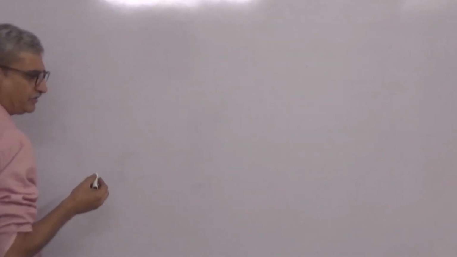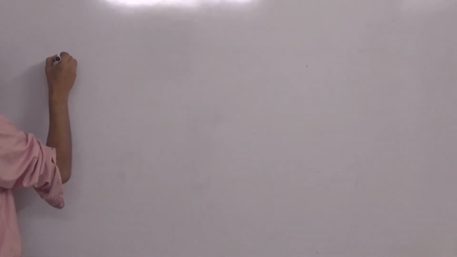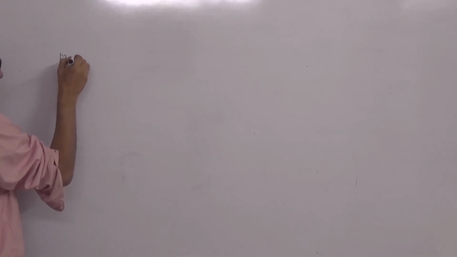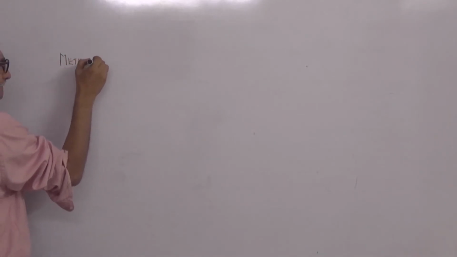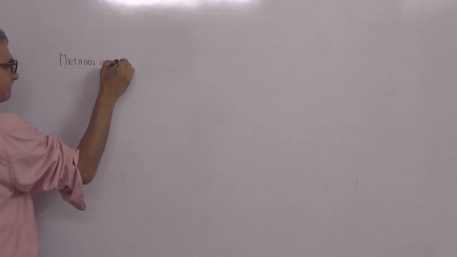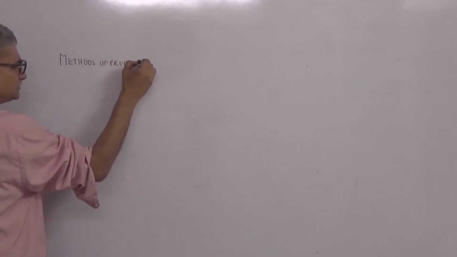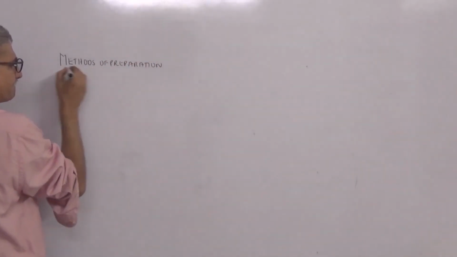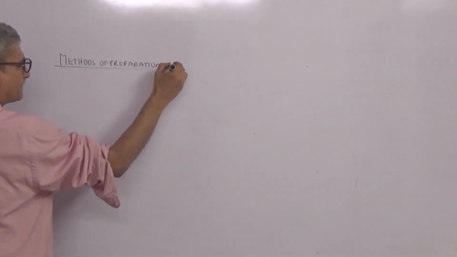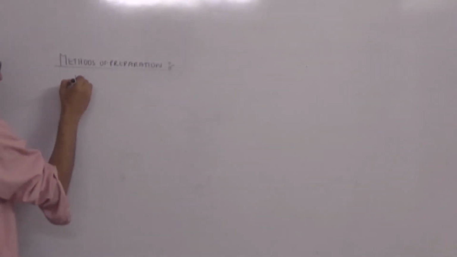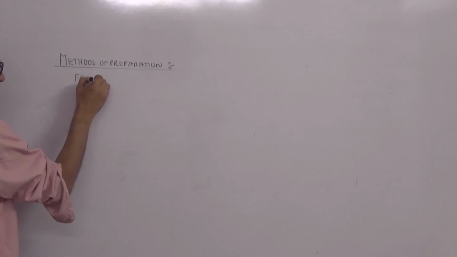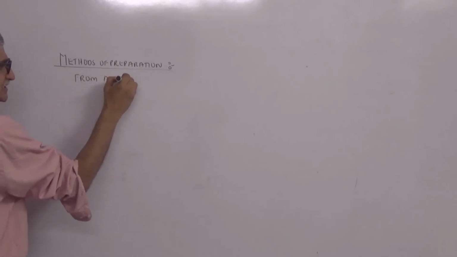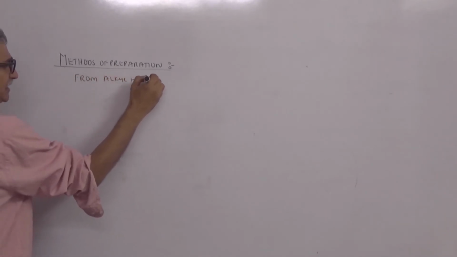So listen carefully, when we talk of methods of preparation, the first method is from alkyl halide, easy. क्योंकि अभी अभी halogen का revision हुआ है ना.